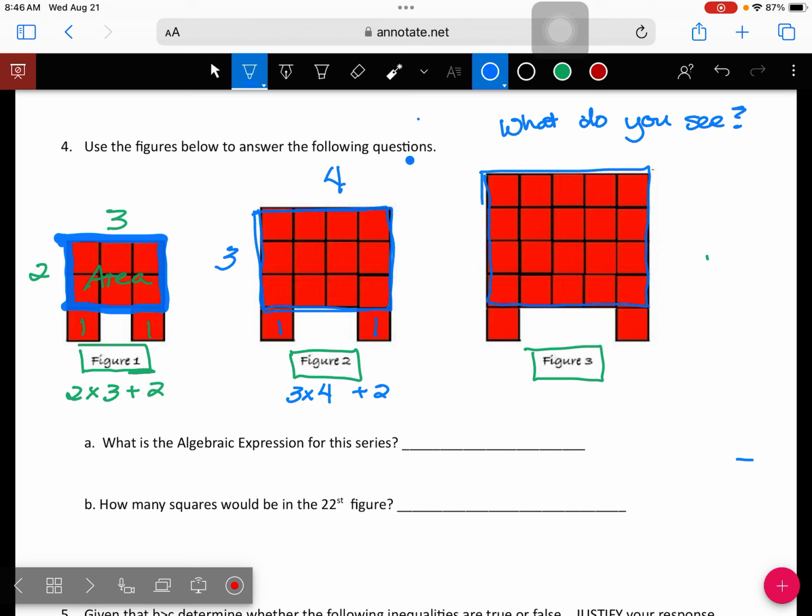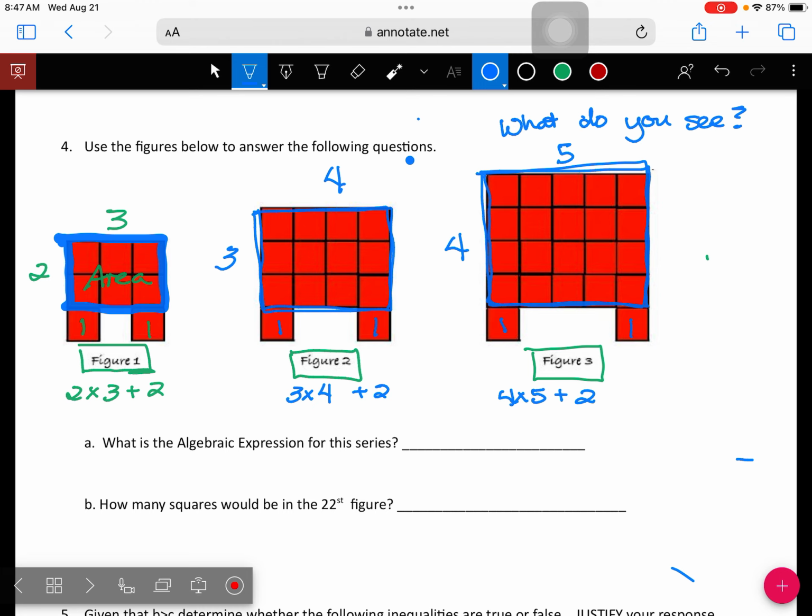I really am not trying to insult your intelligence, but what do you see? What size is a rectangle? 4 by 5 plus 2. Gosh darn it. 4 by 5 plus 2.